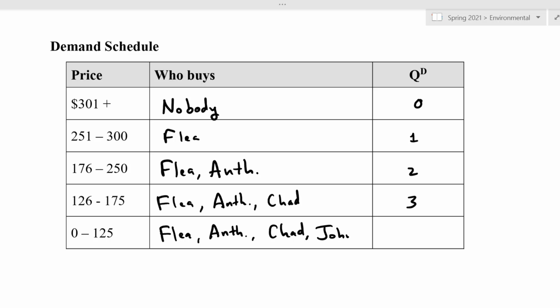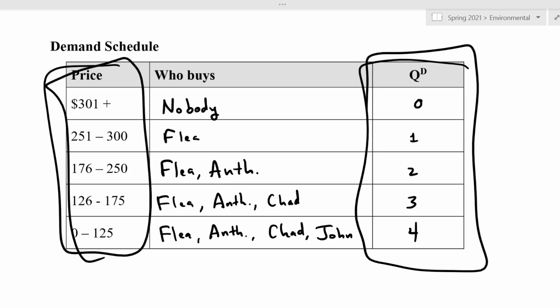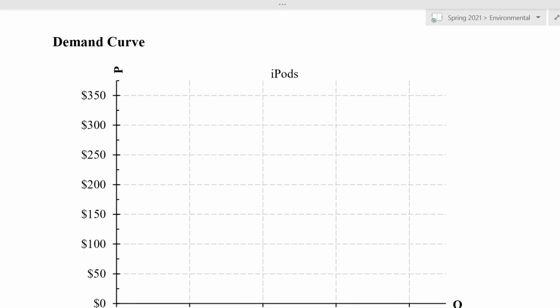And John, who's willing to pay $125. So John will pay anything from 0 to $125. After that, he drops out. Okay, and so through this, we have a demand schedule. We have the relationship between price and quantity demanded.